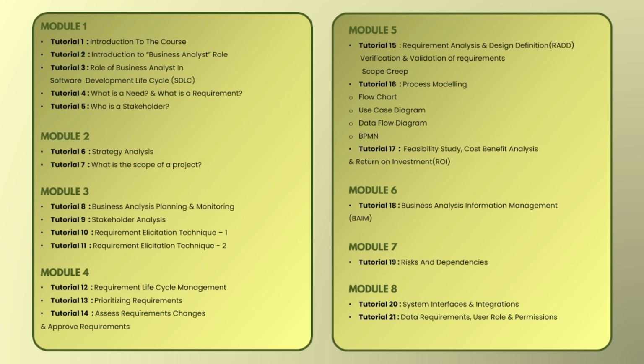In module 6, we covered BA information management, focusing on organizing and maintaining BA data with traceability and reuse. In module 7, we dealt with risk and dependency management using tools like SWOT, 5 Whys, Gantt chart to ensure success. Whereas in module 8, we have already learned about interfaces and integration requirements for smooth data flow.